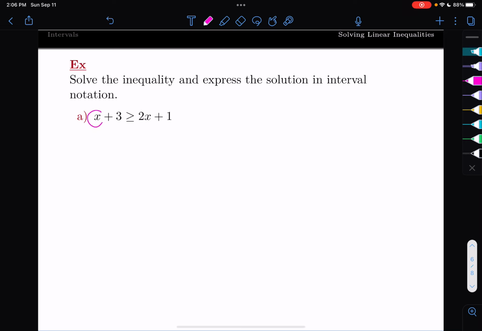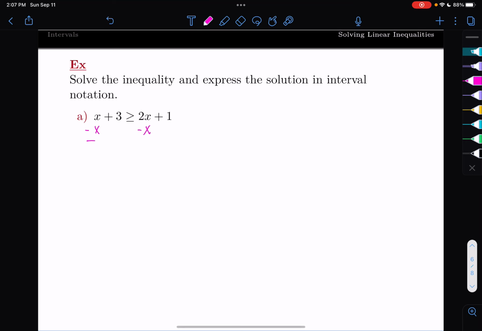We have a positive x here and a 2x here. You could subtract the 2x and you'll end up with exactly the same answer, but that leaves me with a negative number over here. So instead, I'm going to bring this x that's by itself to the other side.